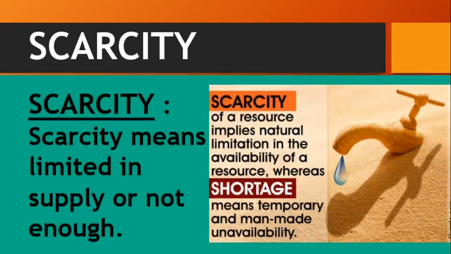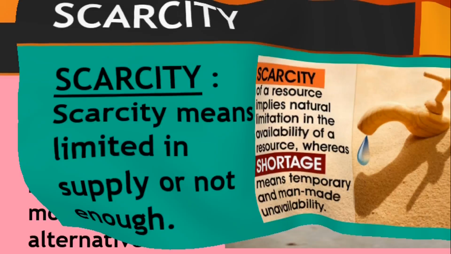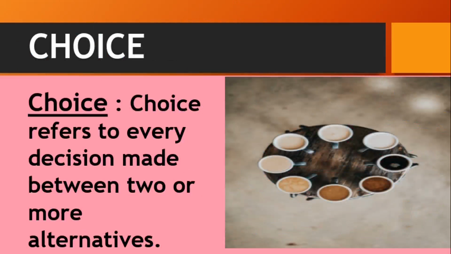Shortage means temporary and man-made unavailability. When things are not enough in the market, you say there's a shortage in supply. But scarcity is when there is no abundance of that particular resource. Okay, that's the difference.